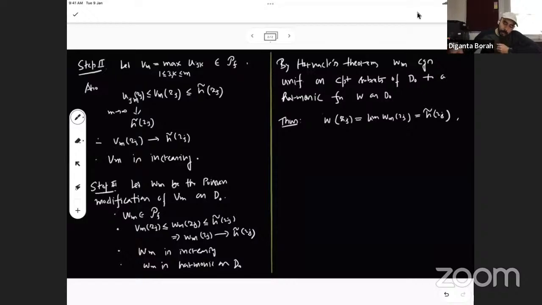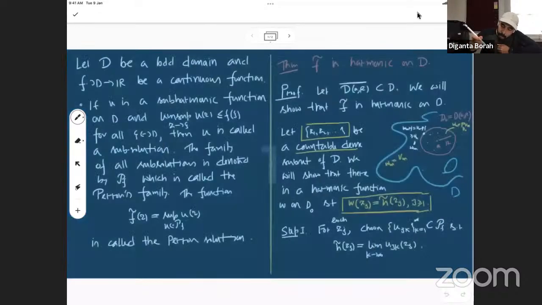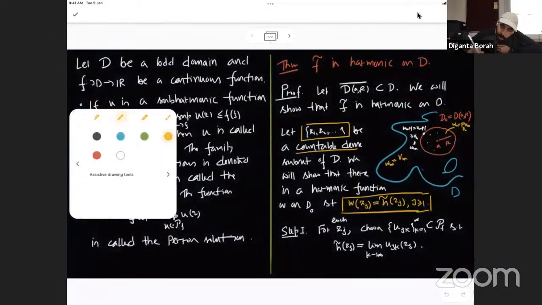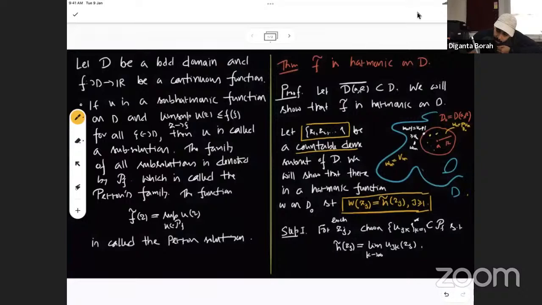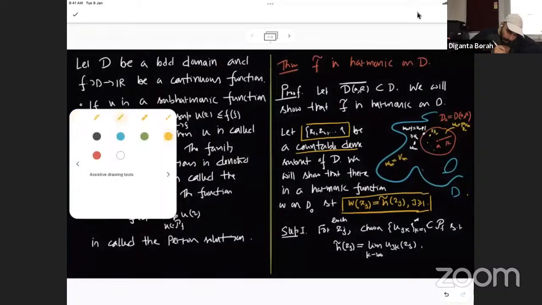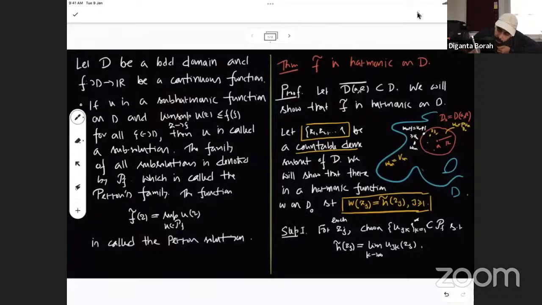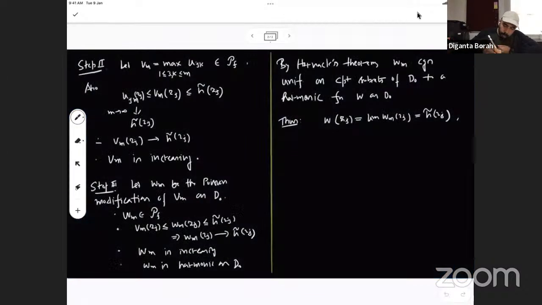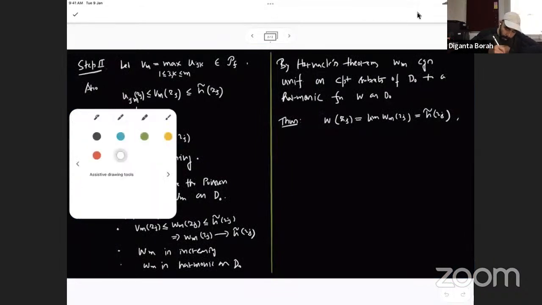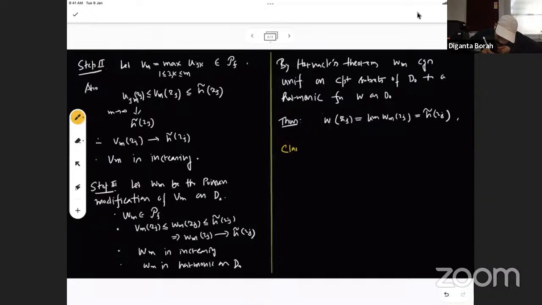But to take care of this, let's look at the previous picture. These yellow dots represent the sequence Z_k. But I want to show that these two functions agree everywhere in the disk. So let's pick some arbitrary point, let's call it Z naught. My claim is that W is equal to H tilde on D0.